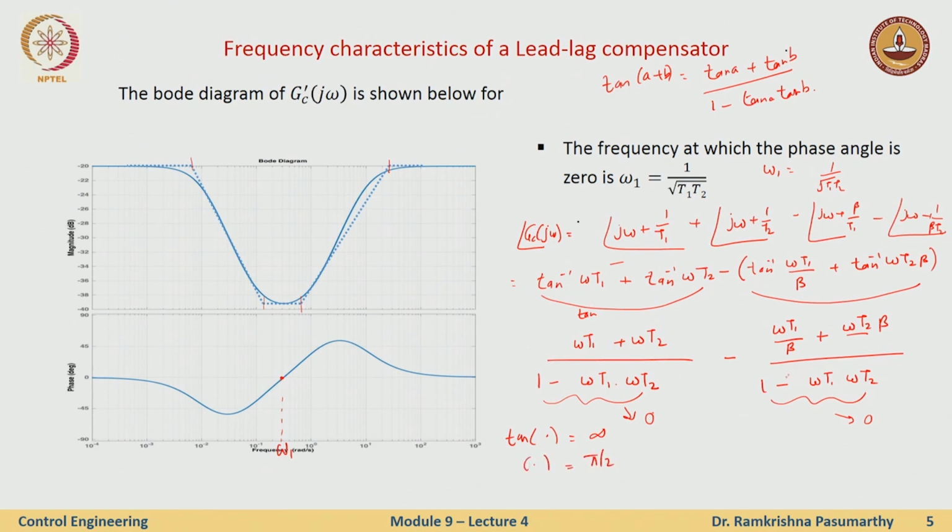Similarly here, the tangent of these two terms added up is infinity, therefore the term in the bracket is pi by 2.